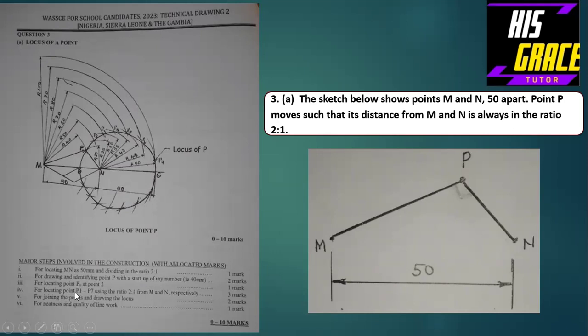For locating points P1 to P7 using the ratio 2:1 from M and N respectively, they awarded 3 marks to that. And then for joining the points and drawing the locus, 2 marks are awarded to that. And for neatness and quality of line work, 1 mark is awarded to that. So 10 marks are awarded to the solution of this problem. So that is for question 3A.